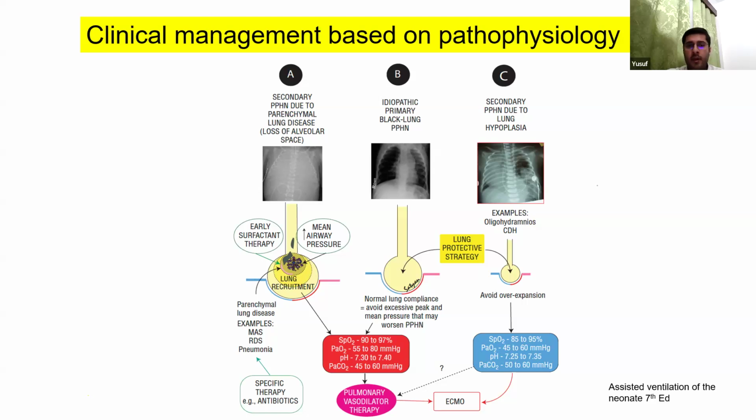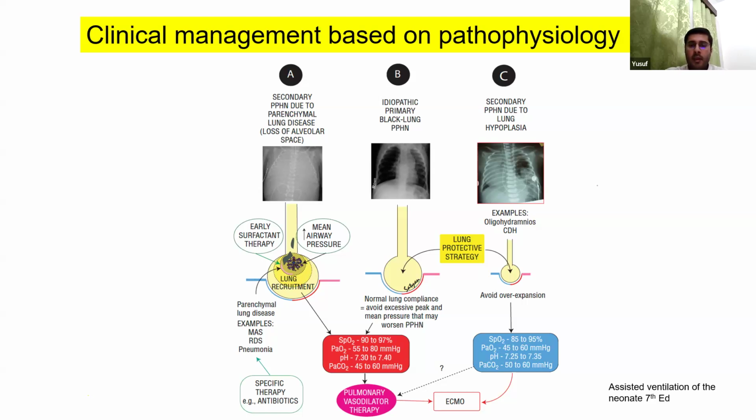Mostly it is the secondary type of PPHN, where in most cases we have an underlying parenchymal lung disease, whether due to MAS or pneumonia. The second pathophysiology, which we see much less often, is idiopathic or black lung PPHN, or primary PPHN, where vascular remodeling has contributed to the elevated pulmonary pressures and the parenchyma is not afflicted. The third condition is underdevelopment, as in cases of CDH, where there is pulmonary hypoplasia. Apart from parenchymal hypoplasia, there is also vascular hypoplasia.